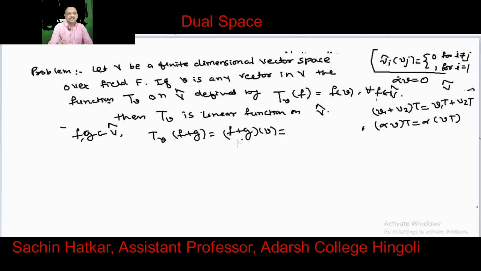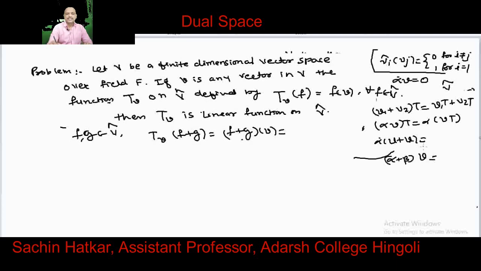Therefore, it is like the second condition, alpha times U plus V, likewise this one. But here F and G are functionals, and therefore we have written F plus G. It is similar to the condition of the vector space, alpha times U plus V, or this condition, alpha plus beta into V, like this.